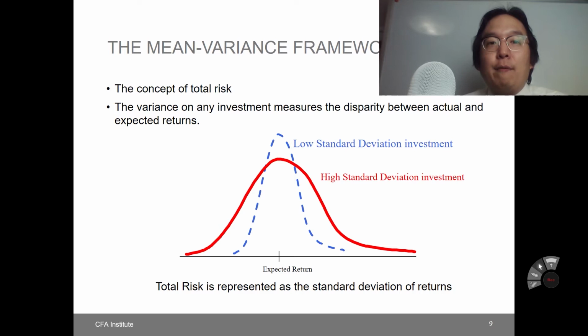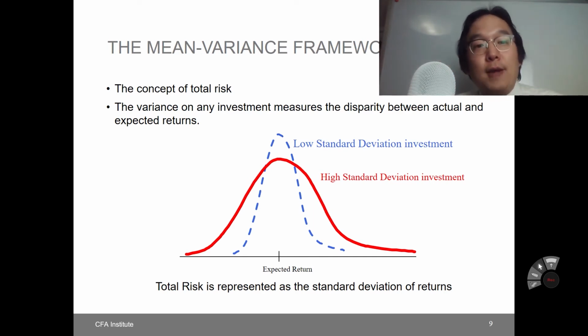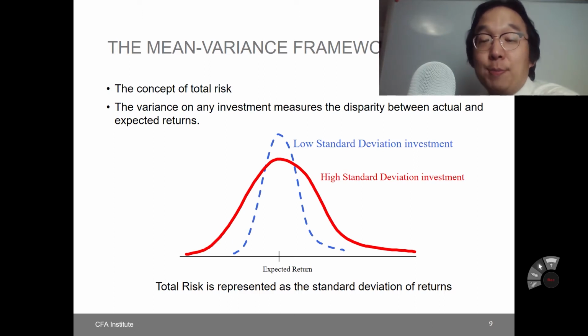Total risk is the variance of return, not the variance of the price. You have to be careful about it. The variance on any investment measures the disparity between actual and expected return.